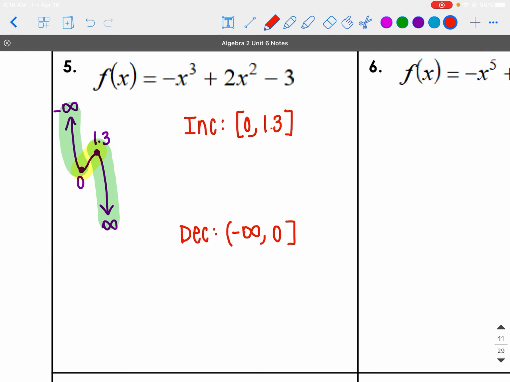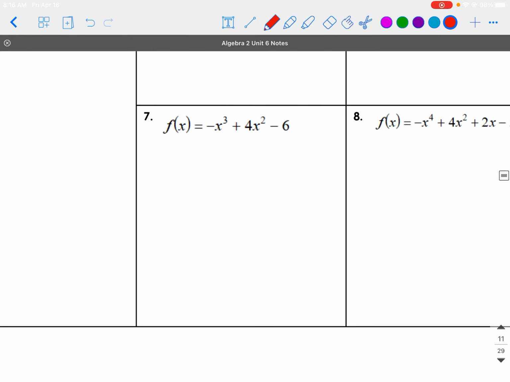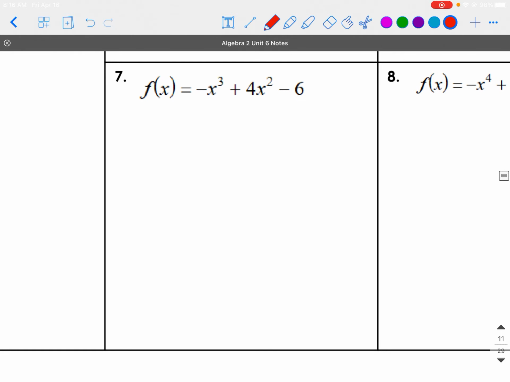And then it decreases from 1.3 to infinity. Now number 6, that one had a ton of max and mins. Let's just skip that one for time's sake and go to number 7.